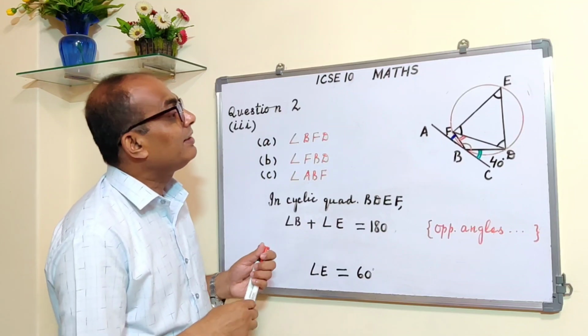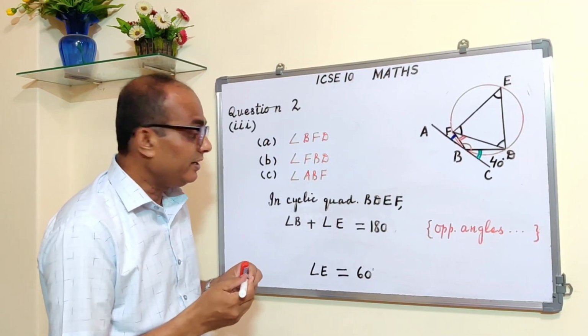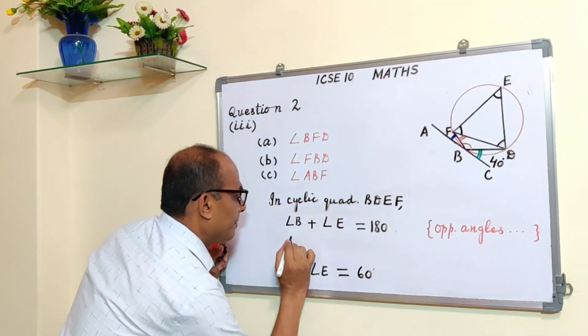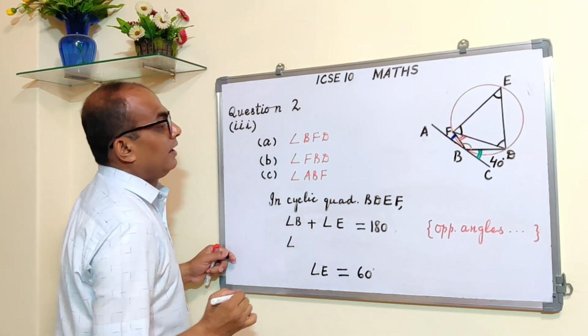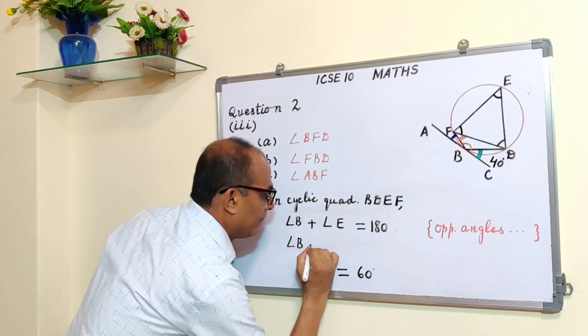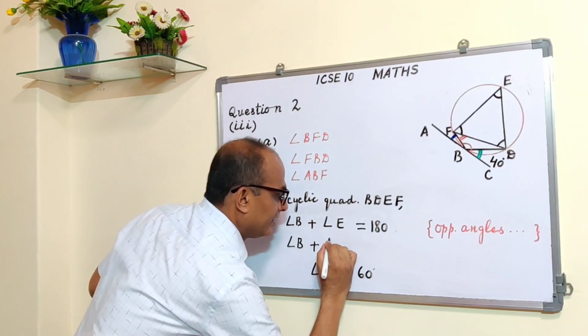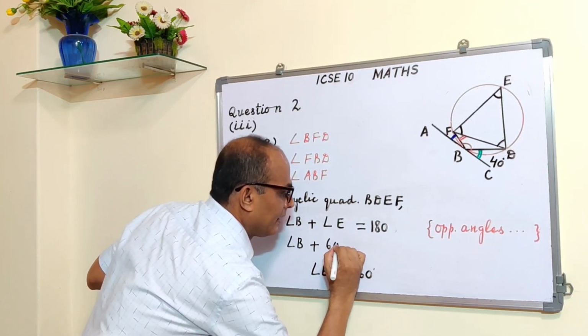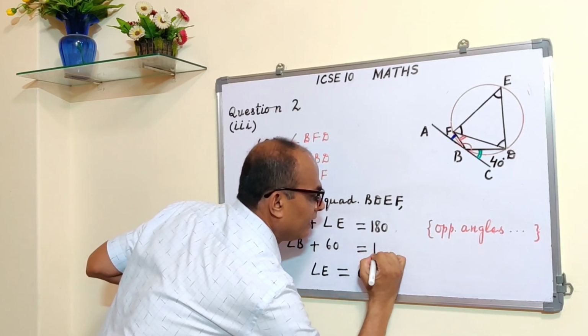Now angle B plus angle E. Angle E we know is 60 degrees. So angle B plus 60 degrees is equal to 180.